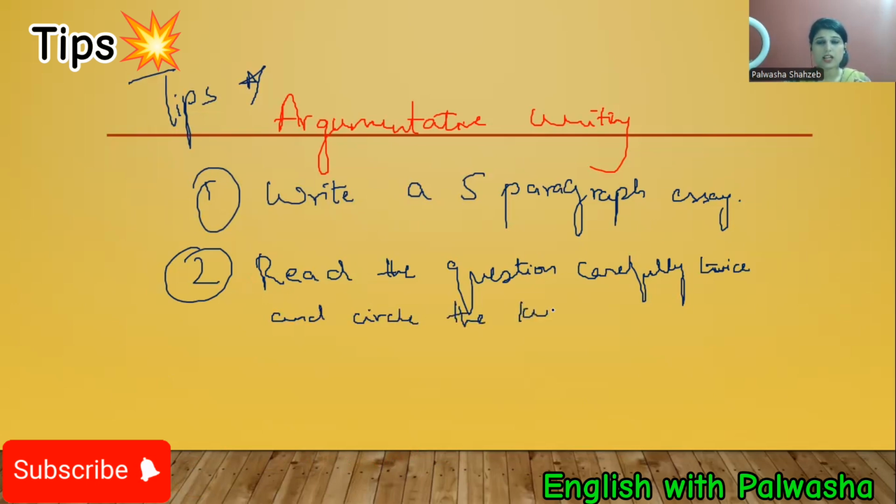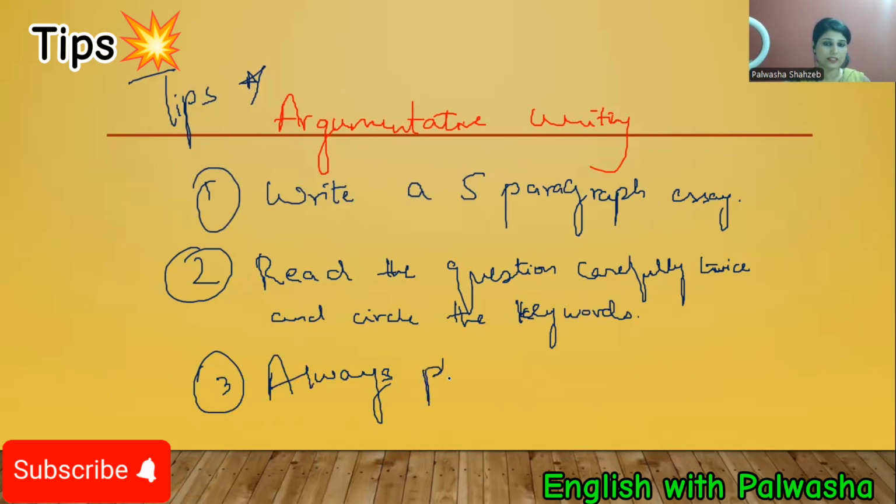What the examiner wants from you, what the teacher actually wants from you, what are the keywords you need to focus on. And then the third thing, the most important tip, is that always plan your essays. Always plan your essay, how you need to write it.